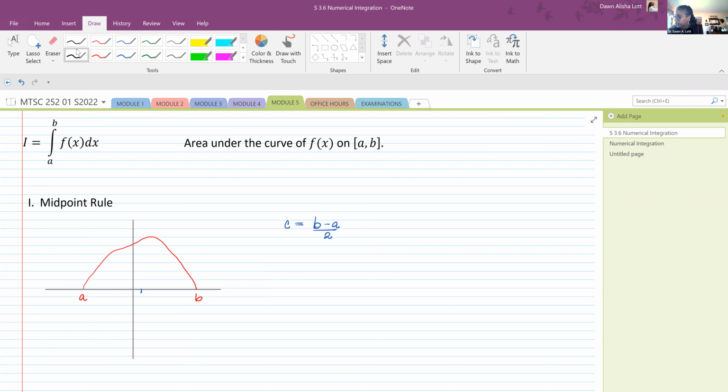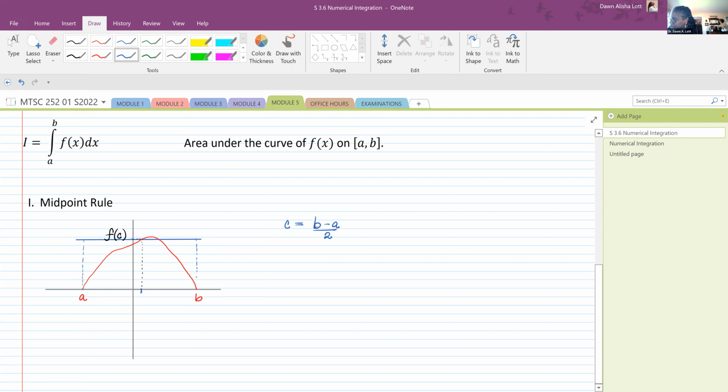So that's the midpoint. I'm going to go up to the height of the midpoint, and that value is f of c. And then I'm going to draw a line exactly at that height, and find the area under that line.